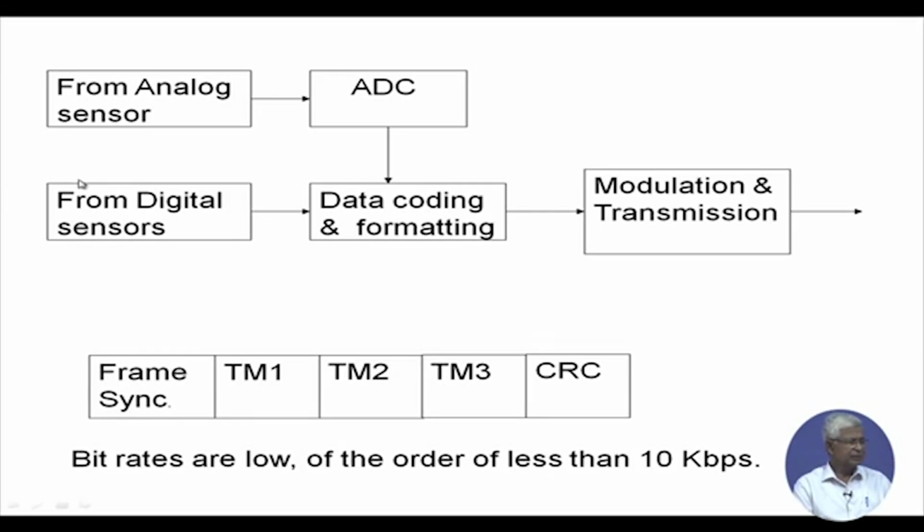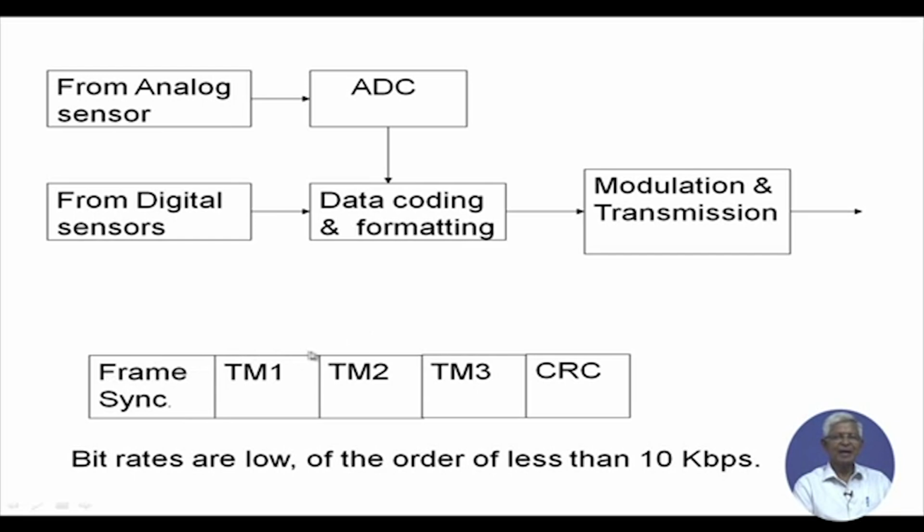A short block diagram of this concept is: analog sensors are there, you have A to D converters, and then the digital data comes from the digital sensors. All this data, analog converted to digital as well as digital sensor data, is coded, formatted, modulated and transmitted. Now, this coding and formatting is generally done in the form of blocks or frames.